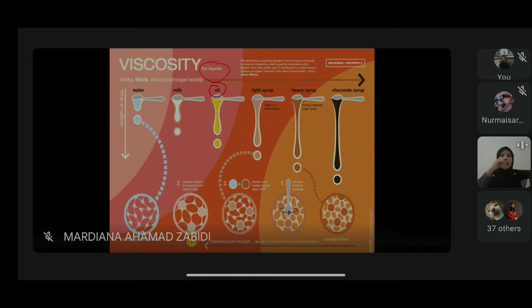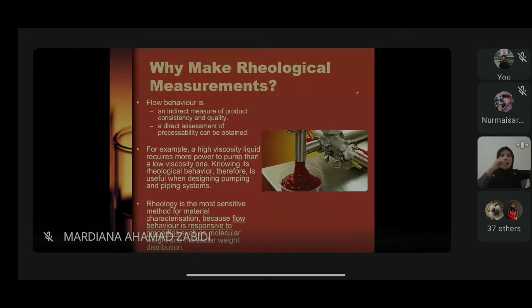As the liquid becomes more viscous, more thick, it requires more time for that fluid to drop. But this is just a matter of length of drop, and we are not going to go into that. You are going to know the classification of fluid. That is the most important thing that you need to know.